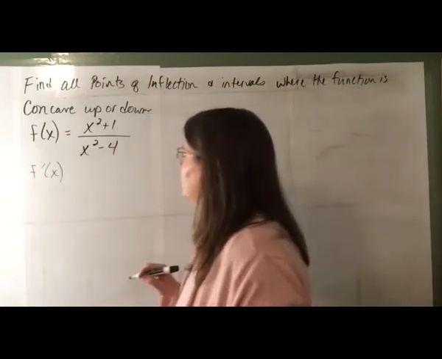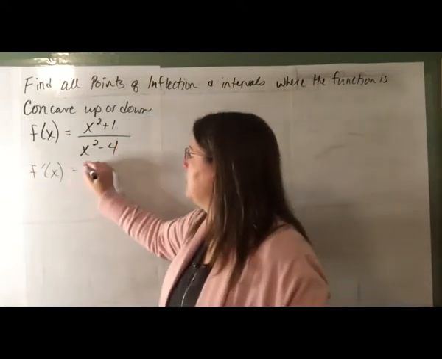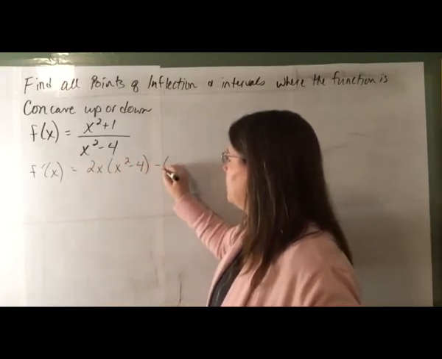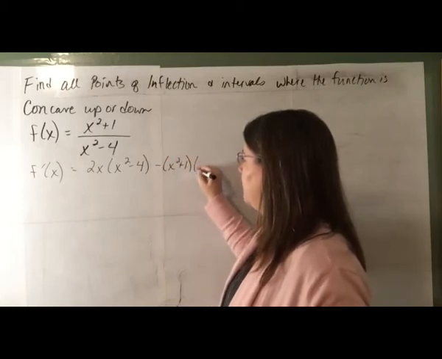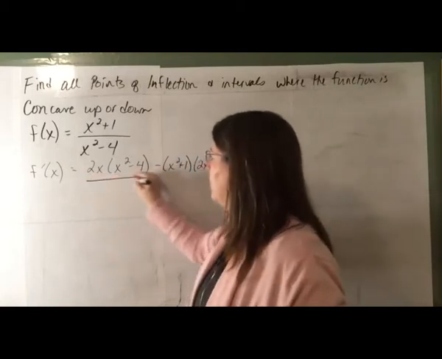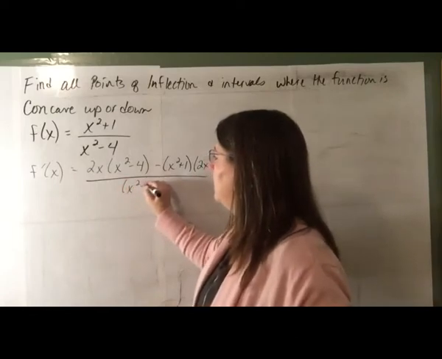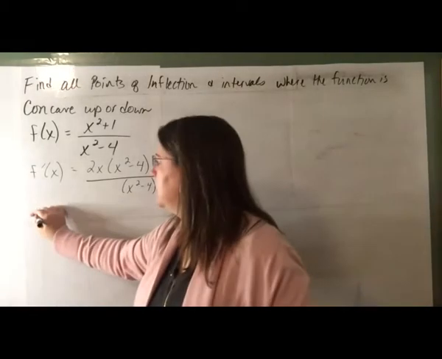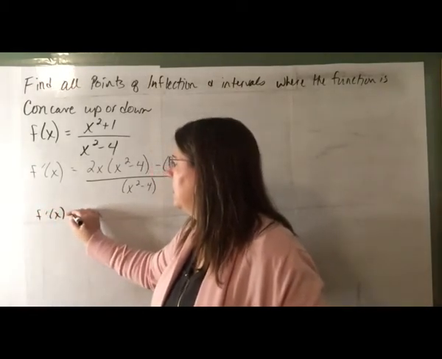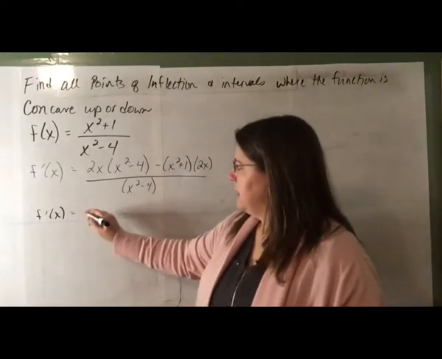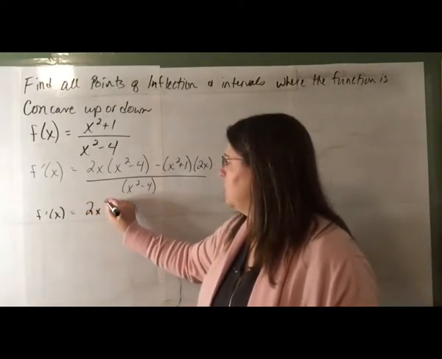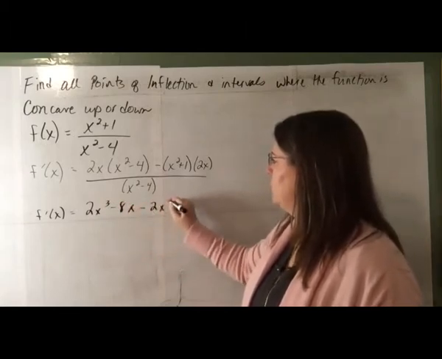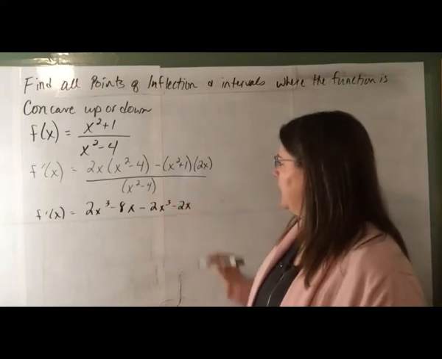Okay, so I'm going to first find the derivative. I'm going to use the quotient rule here. The derivative of the top is 2x times the original bottom, minus the original top times the derivative of the bottom, and that's all over the bottom squared. Then I'm going to simplify that top a little bit. That is 2x cubed minus 8x minus 2x cubed minus 2x.